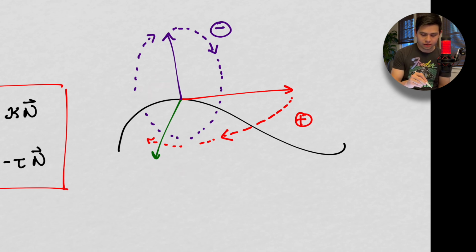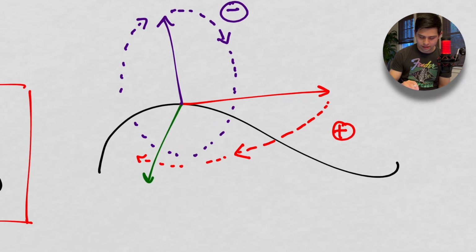So we can think of N as having the opportunity to move in this direction, or it can move, I'm depicting this quite poorly, in this direction, along the direction of B, that's what I'm trying to get at here.